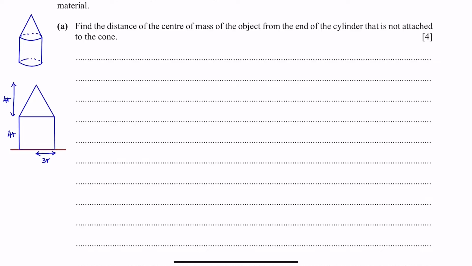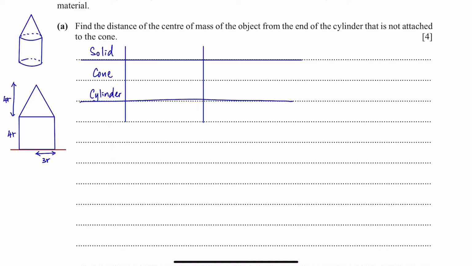Alright. Now we can draw a table. So the first column, we have the solid. That is, first is the cone, second is the cylinder. And they add up to become a so-called object according to the question.